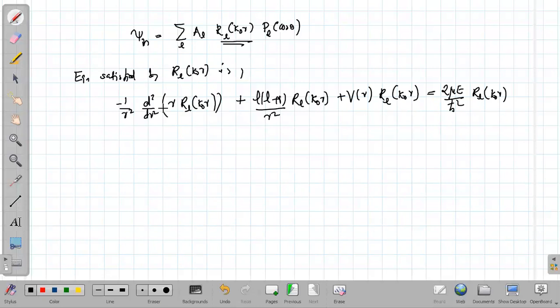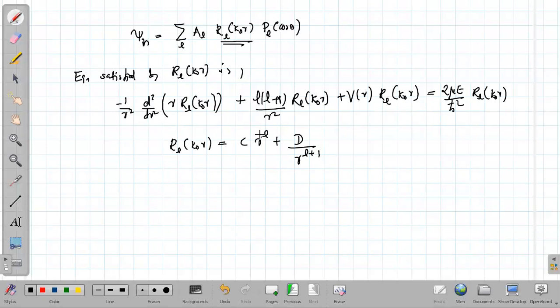This radial part of the Schrodinger equation has a solution in two forms. There are two possibilities. This R_l of k0 r can be written in two forms. One is proportional to r raised to l, and one is proportional to 1 upon r raised to l plus 1.